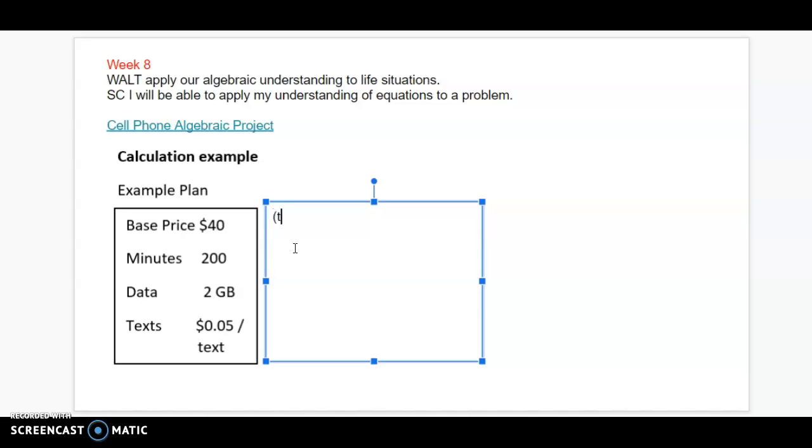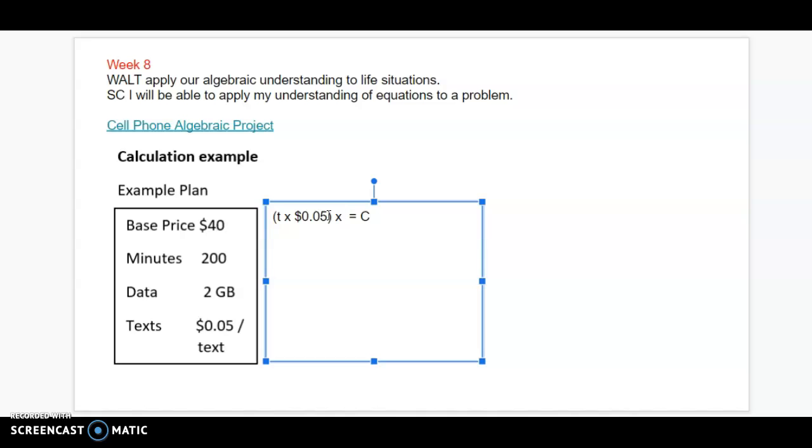I don't want to give away the answer to you straight away. So we've got the number of texts times the cost of the text, which is, in this case, 0.5, so it is 5 cents, and that is going to equal the cost. The reason I've put the brackets around here is because we can't forget the tax.